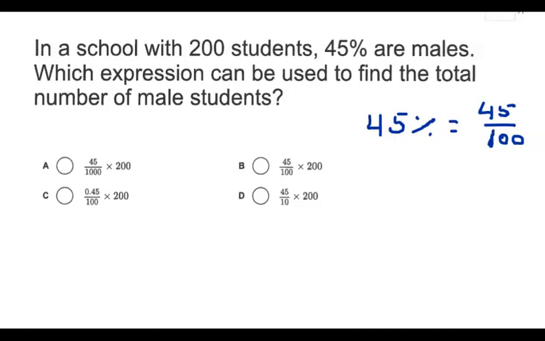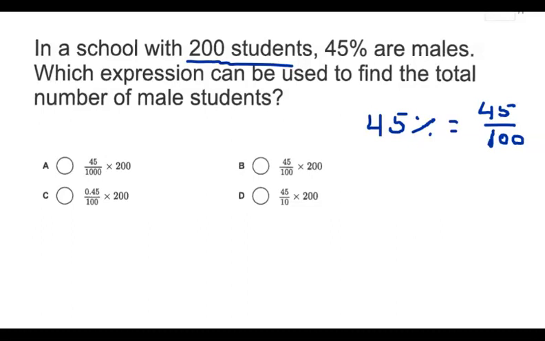So that's done. So 45 over 100, and then we're going to multiply that by the number of students. Okay, so if we have 100 as our whole amount, to get to 200, you just double it, right? So that's what we're going to end up doing, 45 over 100 times 200. Okay, because 45 over 100 gives us how much per one student.